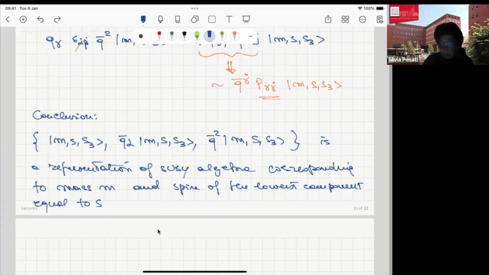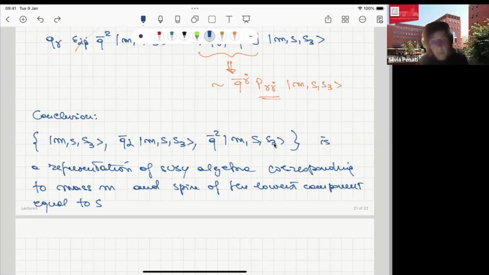Okay, so basically what I claim here is that this is a representation. Comparing what we are doing now with what we have done before the break, this set of states that I build up here, which I claim to be a representation, is nothing but the supermultiplet. This is just the supermultiplet that I was considering before.